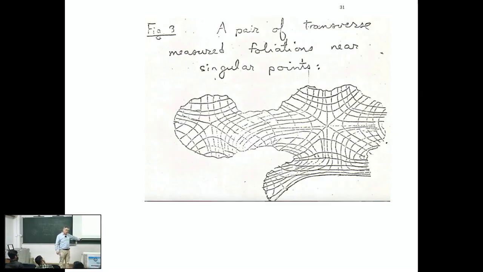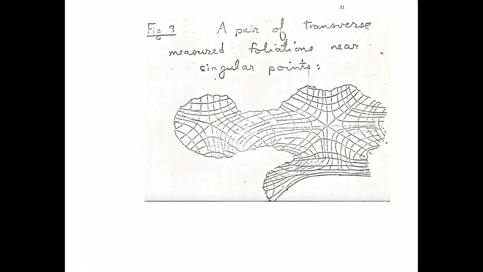And here also you will look for best maps between surfaces. All this is related, in fact. Okay, so I finished now with this picture. And I will tell you more about measured foliations now.